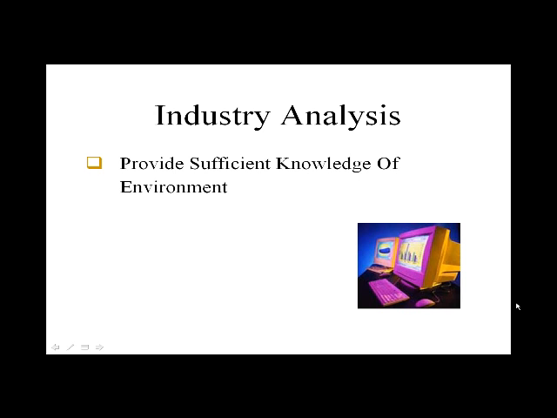What we want to do is get enough knowledge of the environment. That means knowing what the industry is, how it works, what its characteristics are. We want to look at where the industry is going. Is it growing? Is it declining?